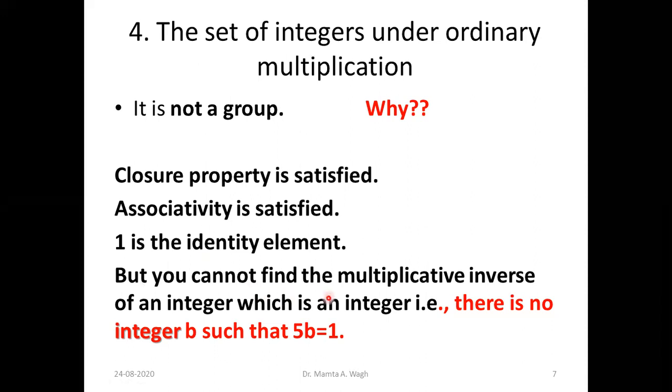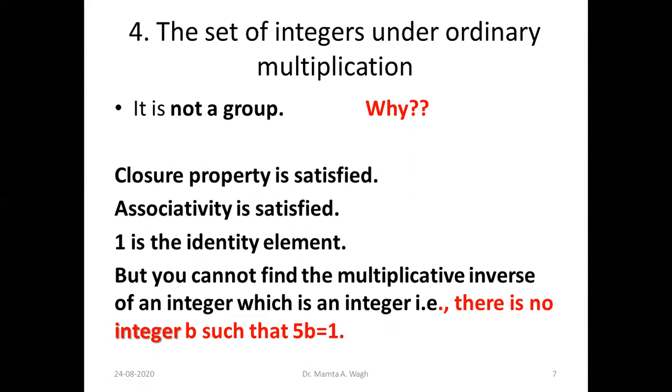Here you cannot find the multiplicative inverse of an integer which is an integer. That is, if you have an integer b and you have to find its inverse, suppose b dash is the inverse of b, then b into b inverse is equal to 1. But here b inverse is not an integer.